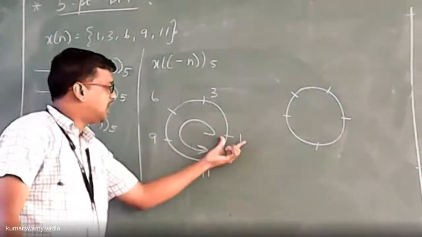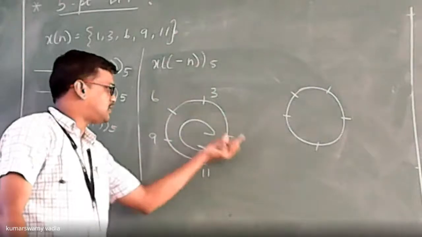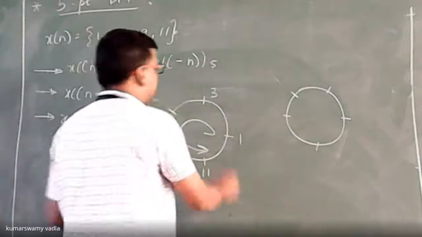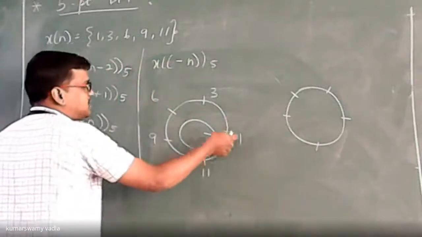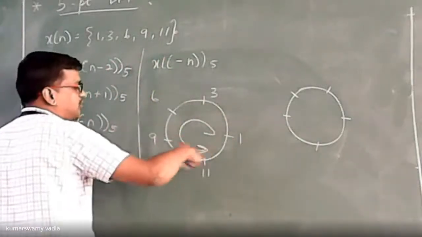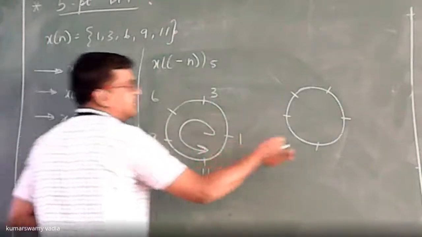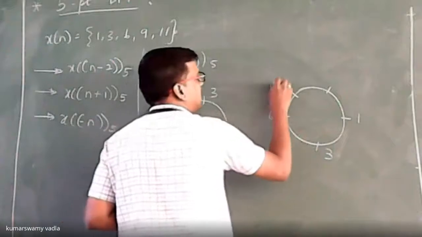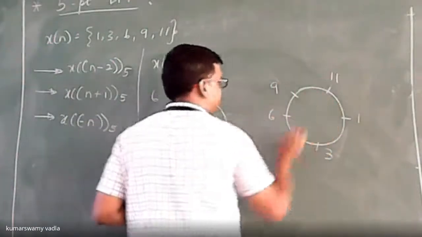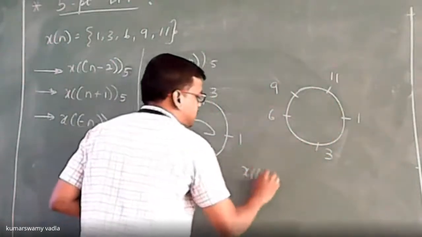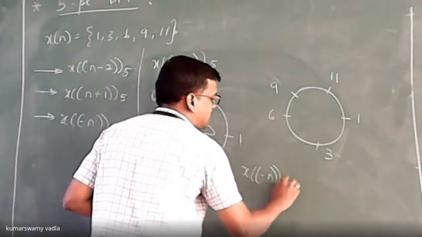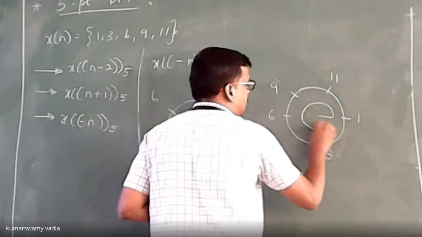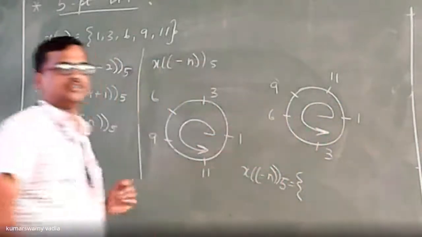Start from here. Instead of going anti-clockwise, represent it in clockwise. So what do you get here? 1. Instead of going this way, go this way now. Clockwise: 1, 3, 6, 9, 11. Finally, while representing the answer, how do you need to do? Start from this and rotate in anti-clockwise.